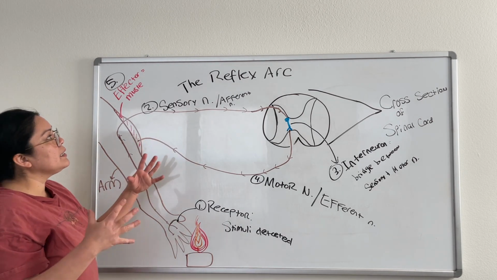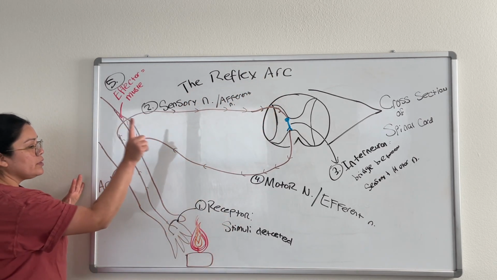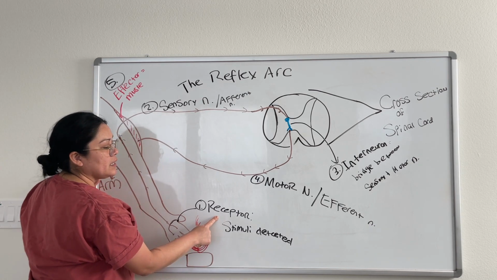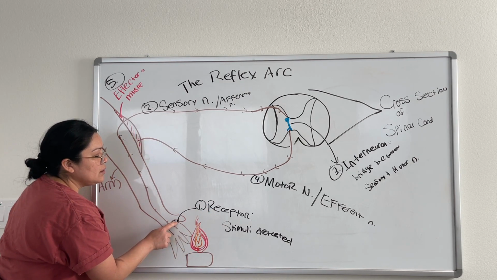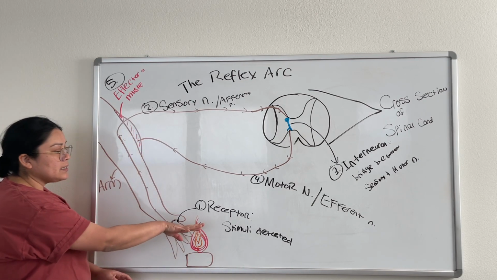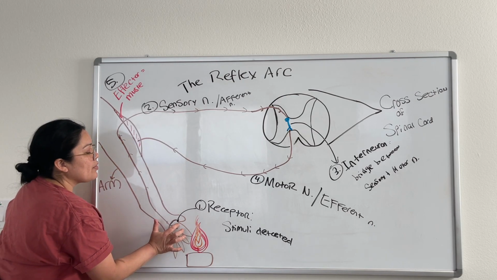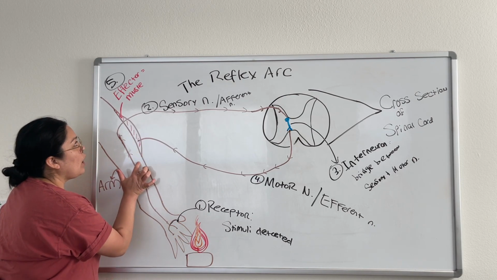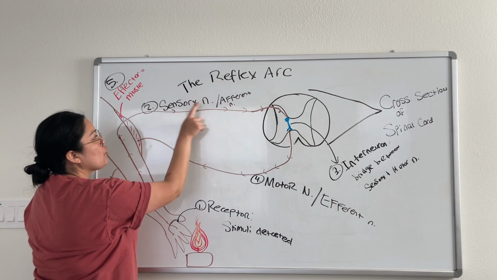So this is your reflex arc. From step 1, some sort of stimulus is detected on the dendrite specifically, okay? In this case, this person has their hand on the fire and they're like, ooh, what's this stimulus? That stimulus is going to go up into your sensory or afferent neuron.